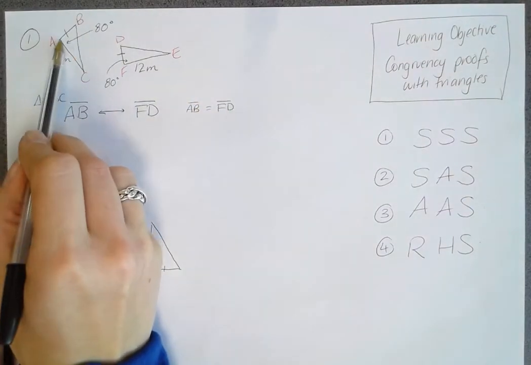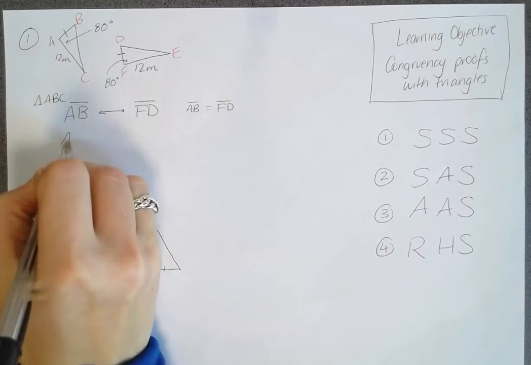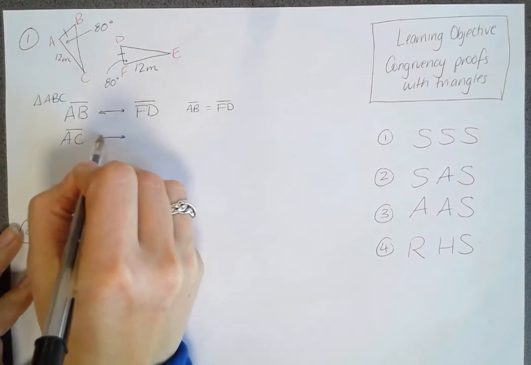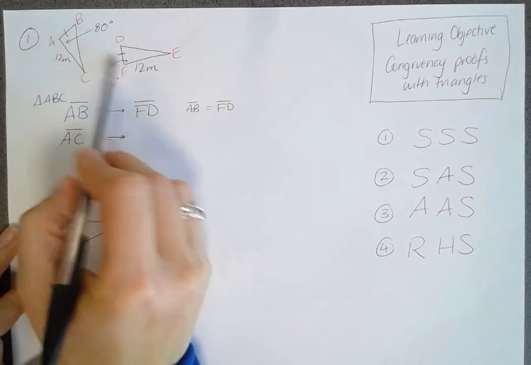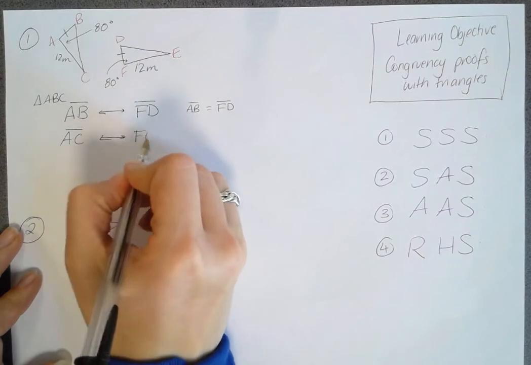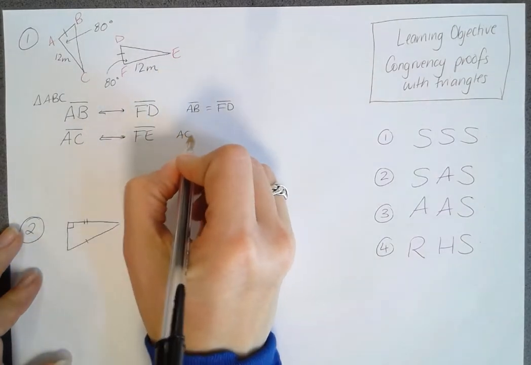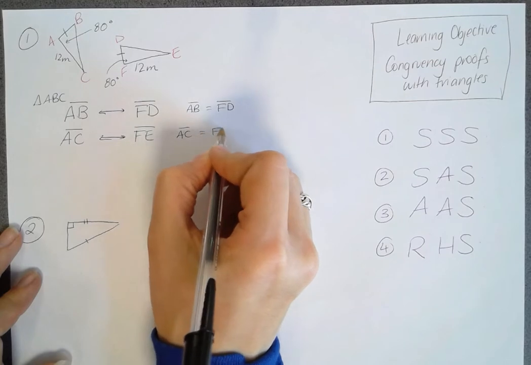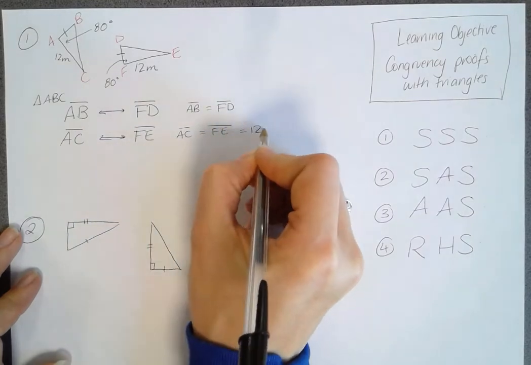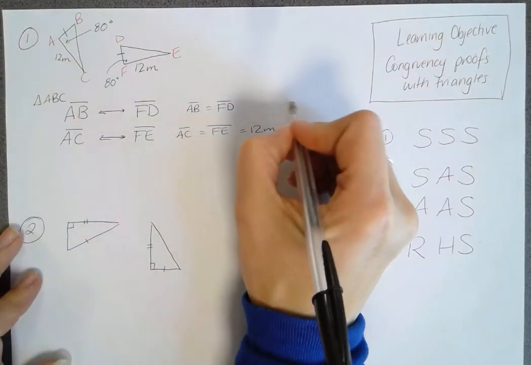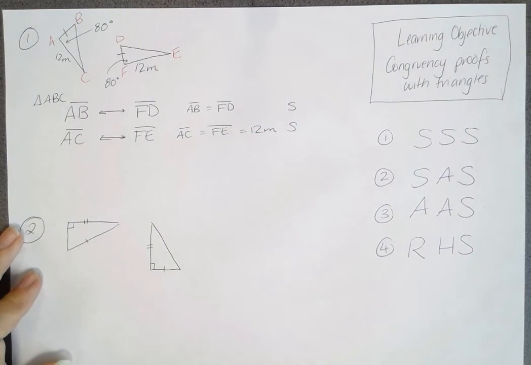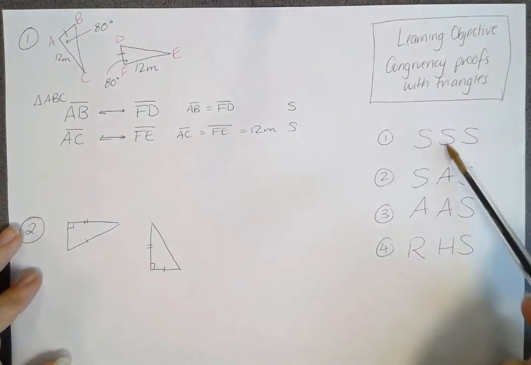Next, we have another side. It is 12 meters. Let's call it AC. It corresponds to FE, and we can see that they equal 12 meters. So this time AC is equal to FE, and that is 12 meters. And this is a side, and this is also a side. So we could potentially do any of these right now, but we need to know about the angles.